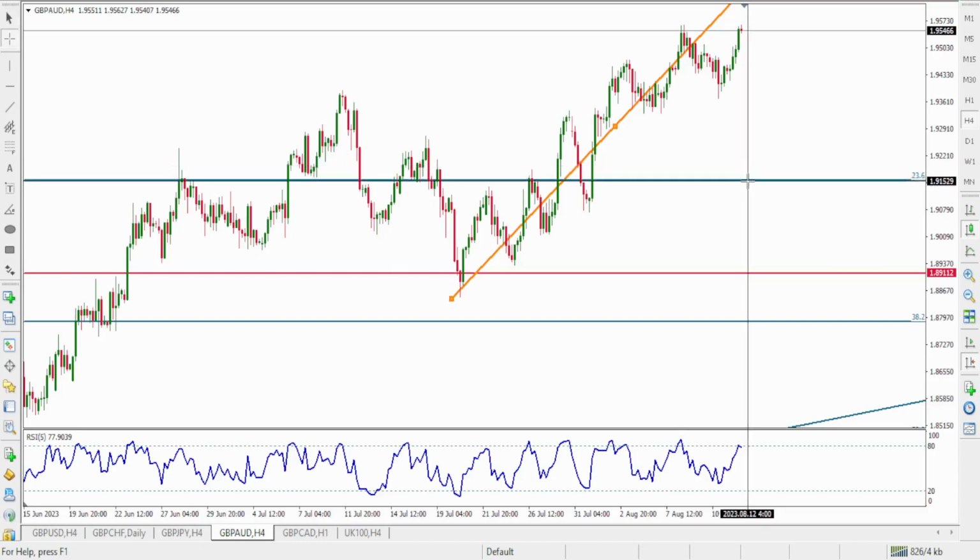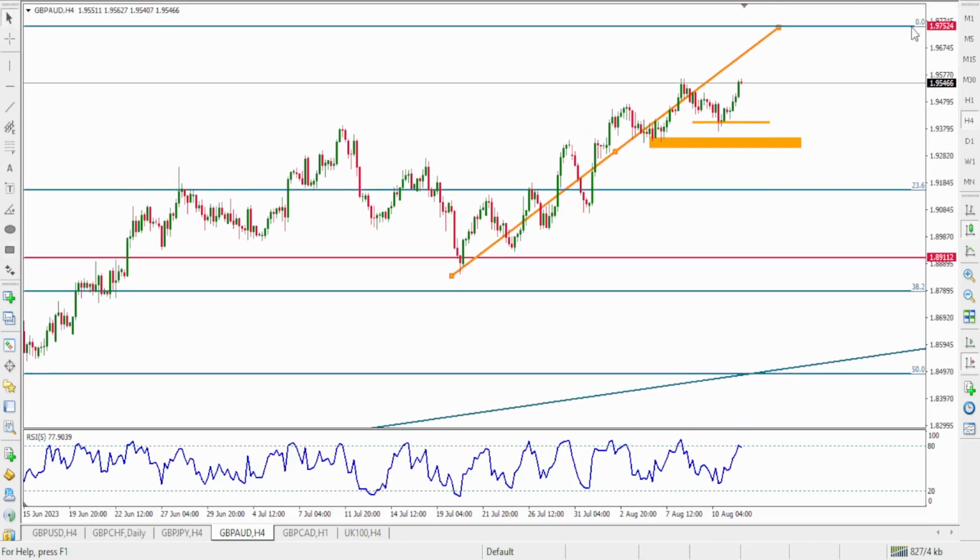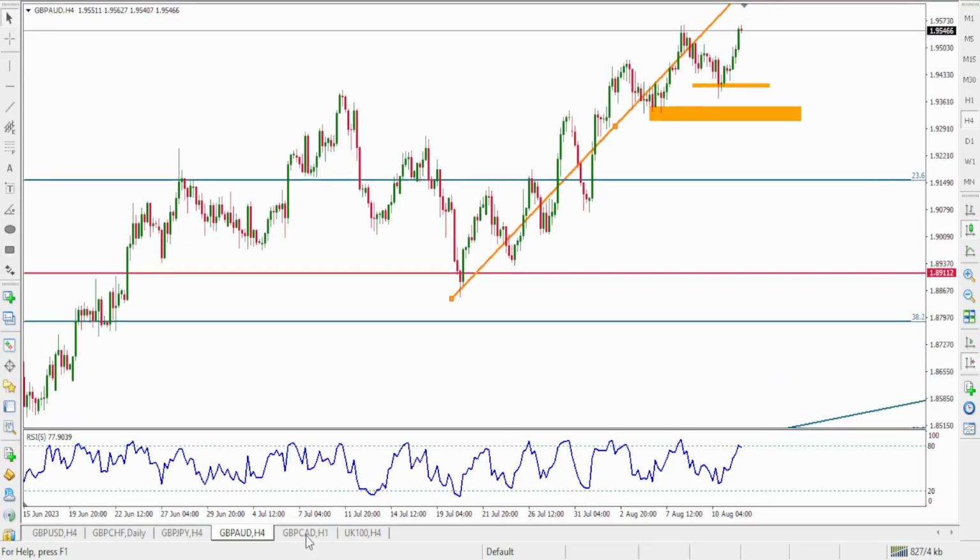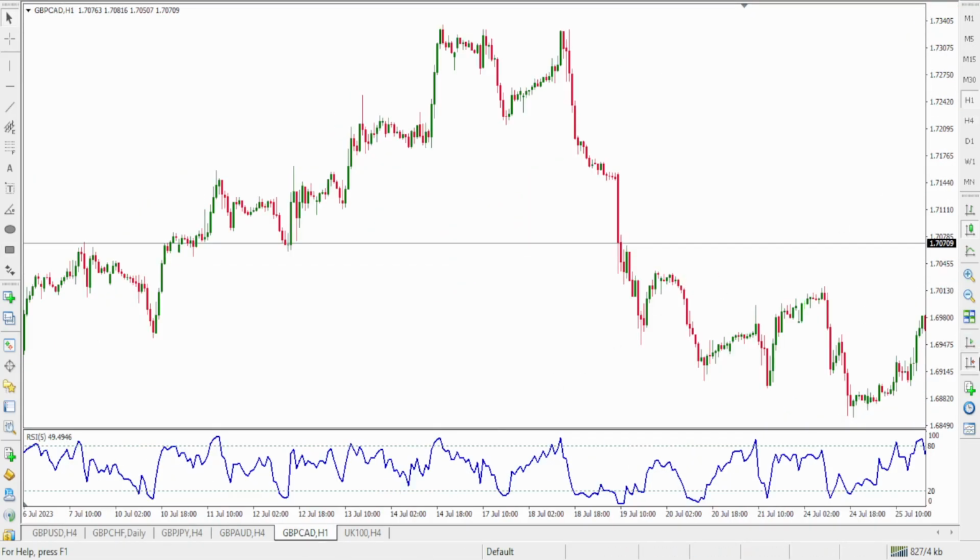So definitely I will be trying to catch this buy trade all the way from right here. There will be certain ways to trade it, maybe a break below this, maybe a break below this, but to the sell side I'm just interested from right up there, 1.97524. Remember this number and you will be making good profits.